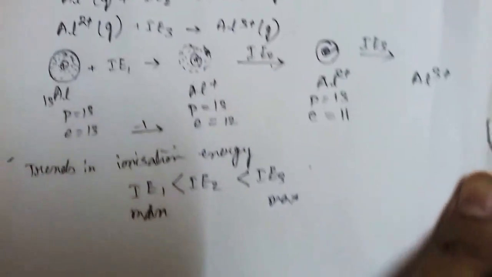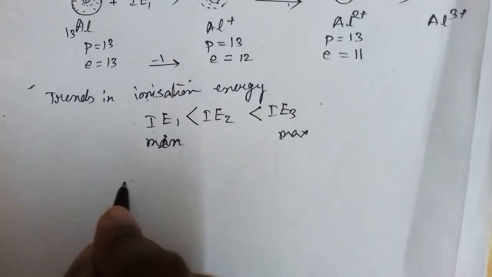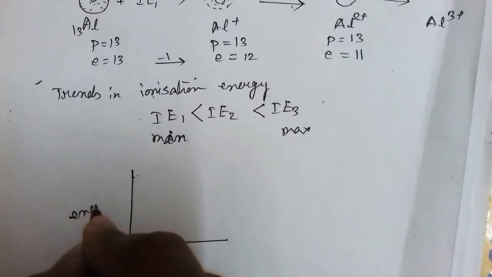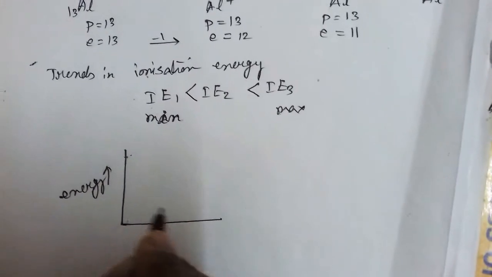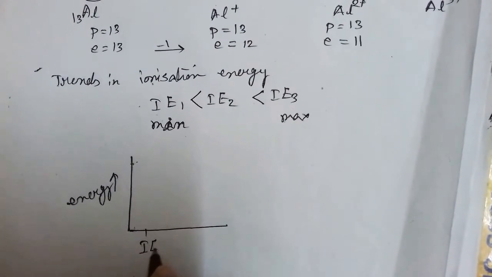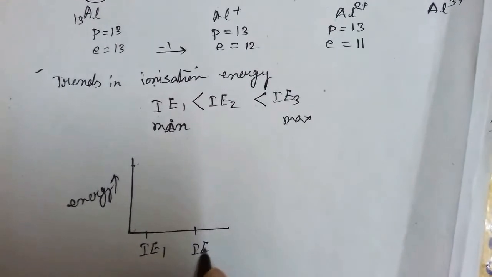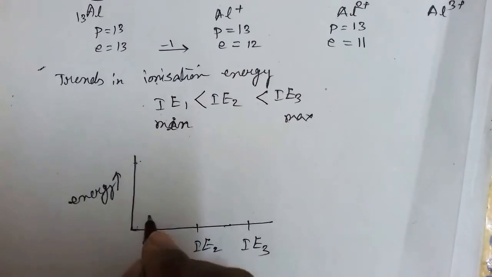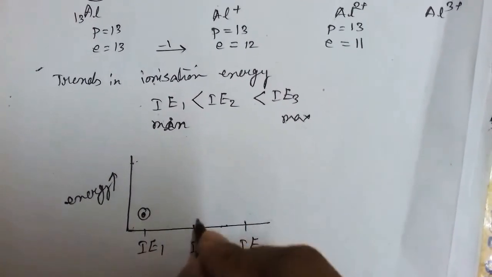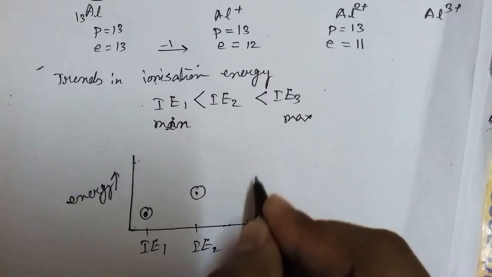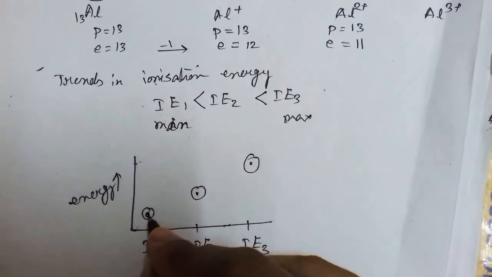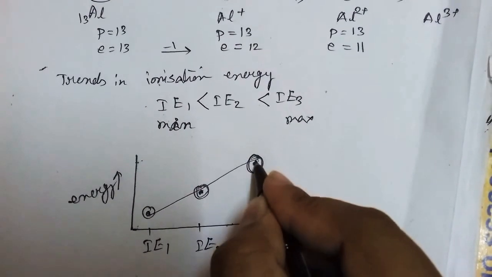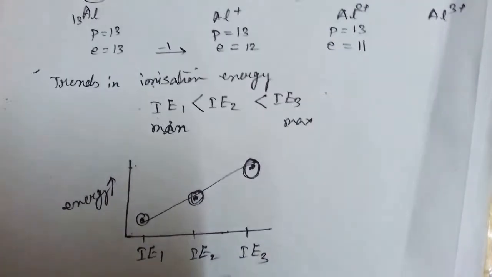This trend will follow if we have a plot with energy, and here IE1, IE2 and then IE3. IE1 will be of least value, then IE2 will be greater and IE3 will be greatest. The value will move just like this. It will be greater, greater and greater.